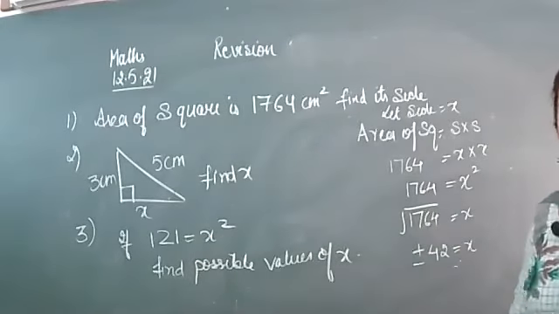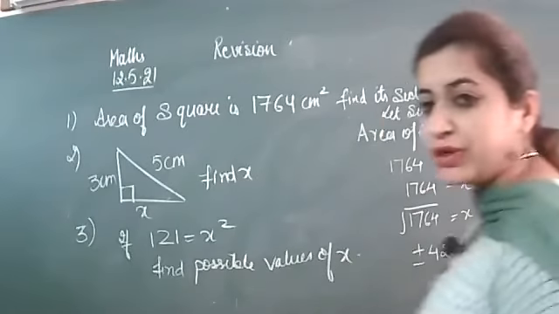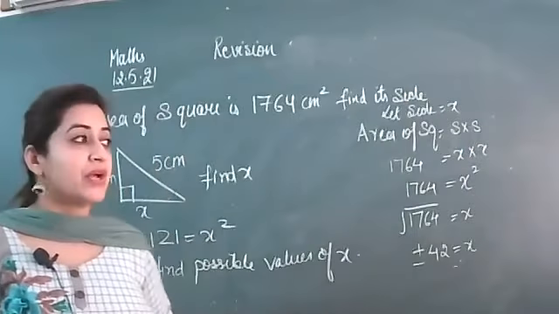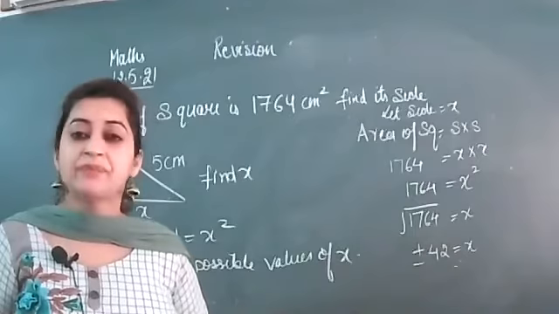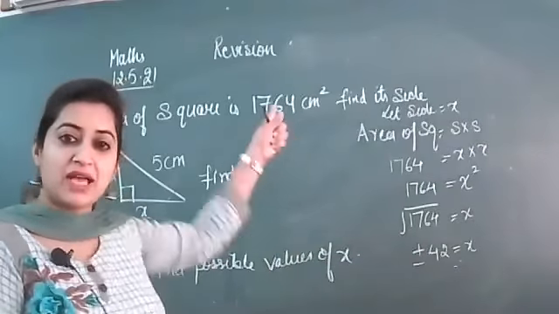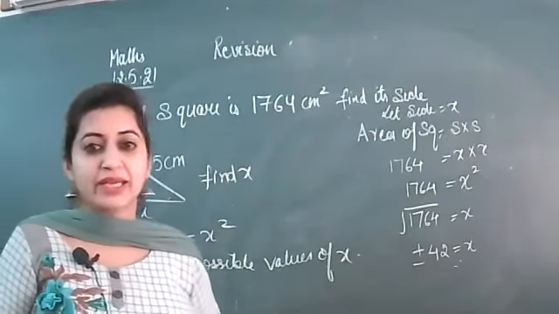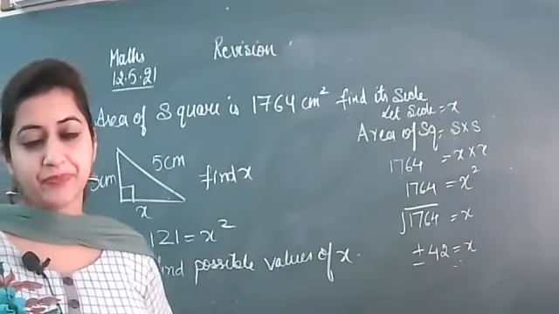Again, the side of the square cannot be negative, so you will write the answer as 42 centimeter. So always write double answer, reject that minus sign, and write that negative value is not possible because it is the side of a square. So the side of the square is 42 centimeter.